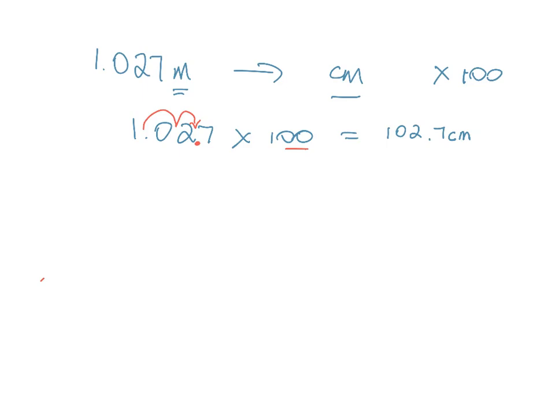Okay, let's have another go. Let's say we have 0.0034 kilometers, and we want to convert that to meters. I know, and so would you, that you need to multiply the figure by 1,000.